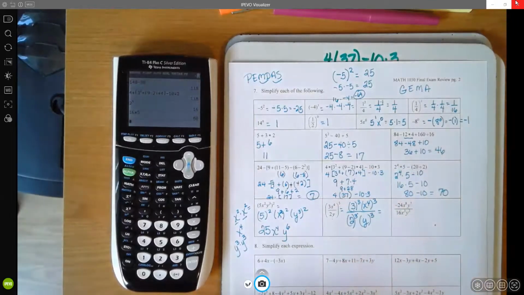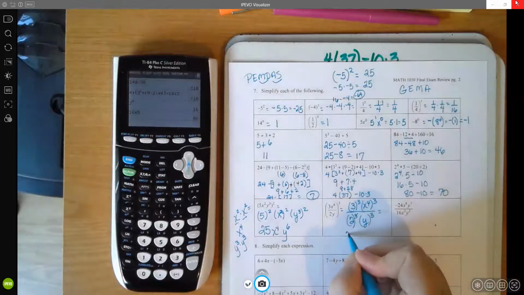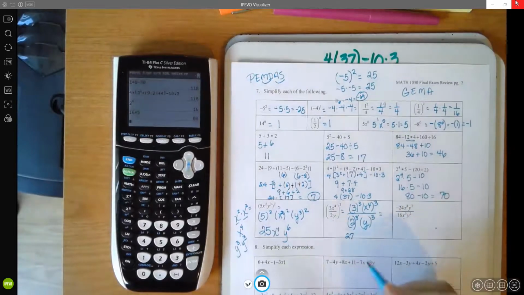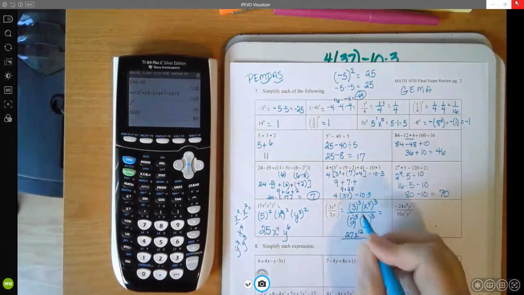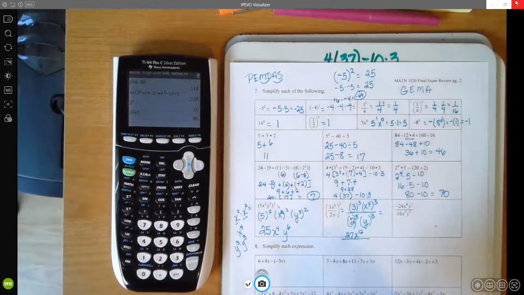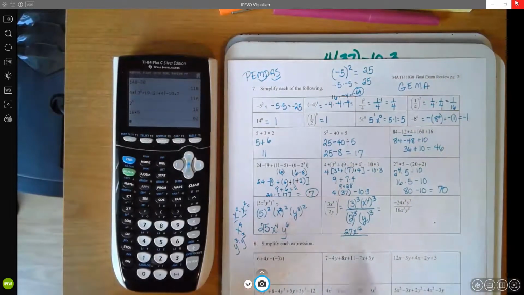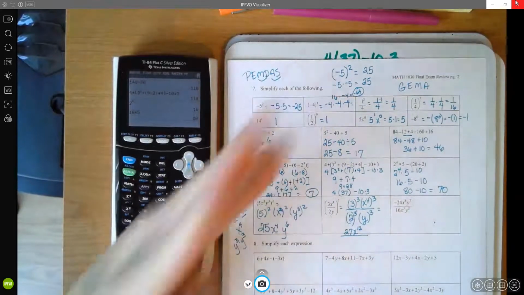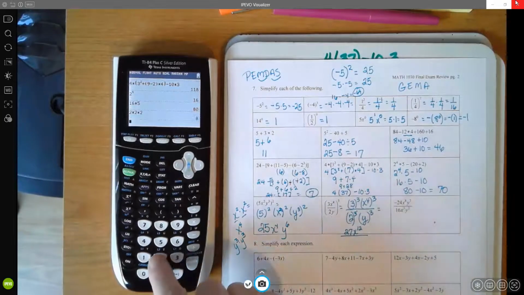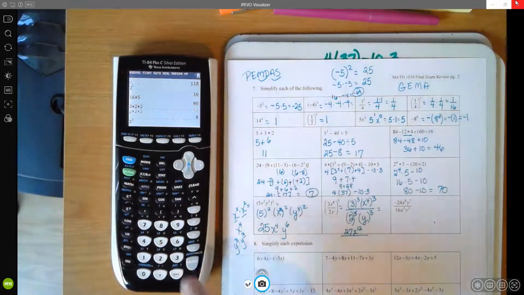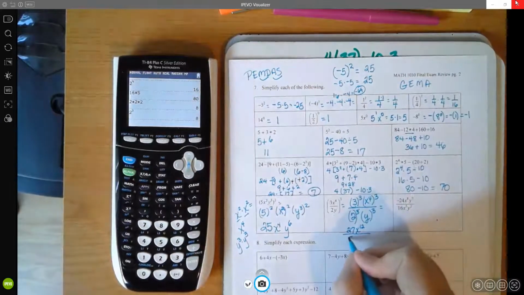We can use our calculator to help us out, but 3 to the 3rd would be 27. 3 sets of 4 would give us 12. 2 to the 3rd, notice that's not going to be 2 sets of 3, that's 2 times 2 times 2, or 2 raised to the 3rd, which would be 8.